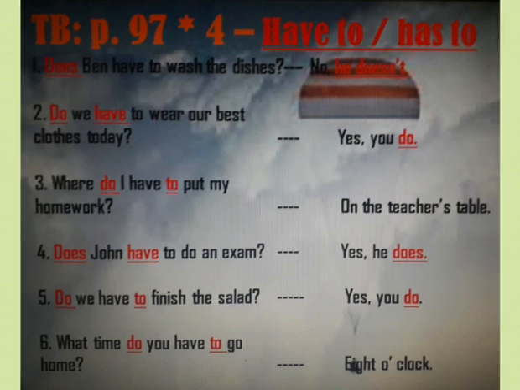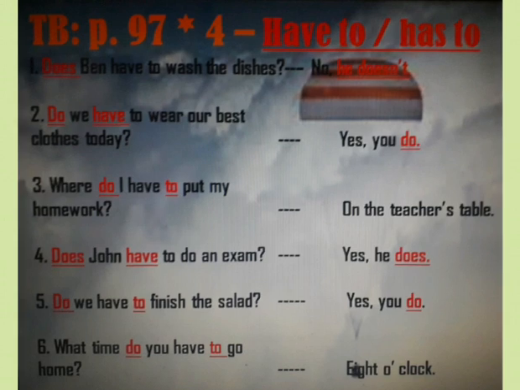Number 2, blank we blank to wear our best clothes today. So the answer is, do we have to wear our best clothes today? The answer is, yes, you do. So the same positive, do, and the answer is the same, do. Try to complete your answers on page 97.